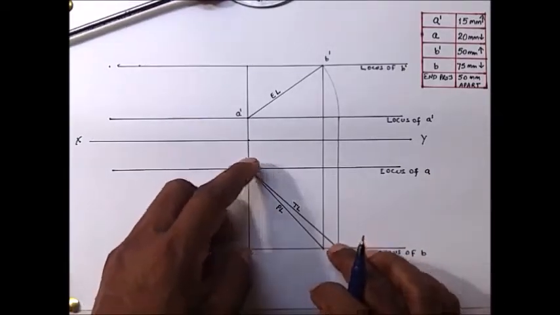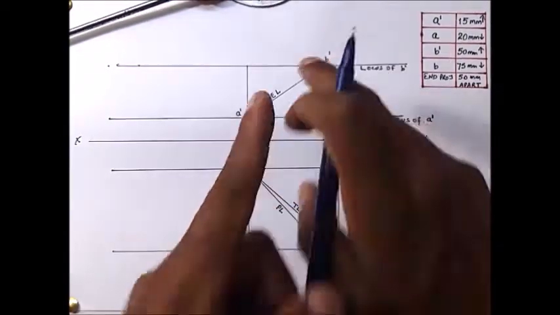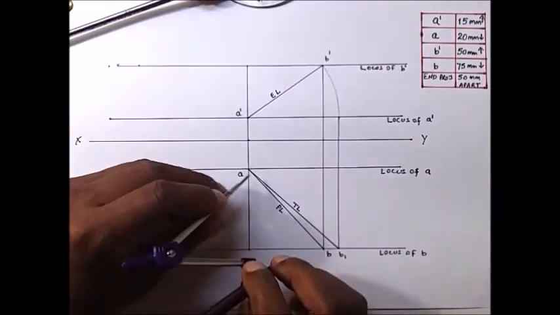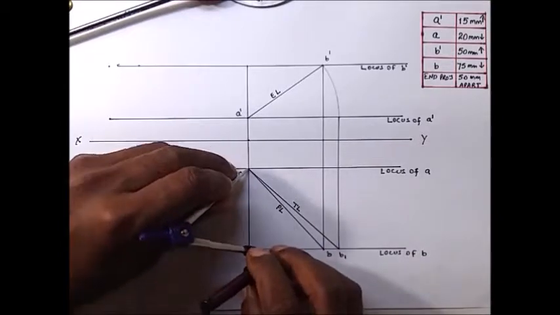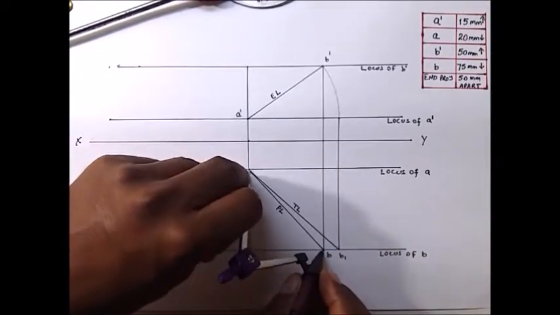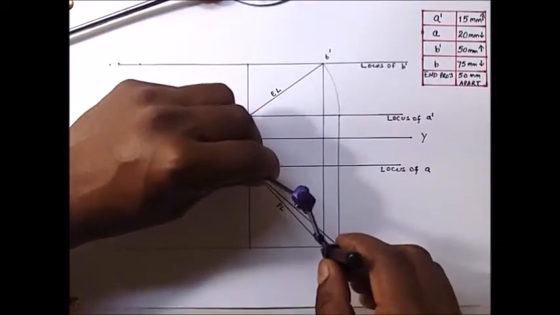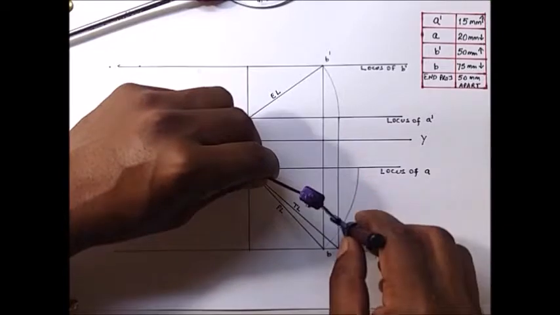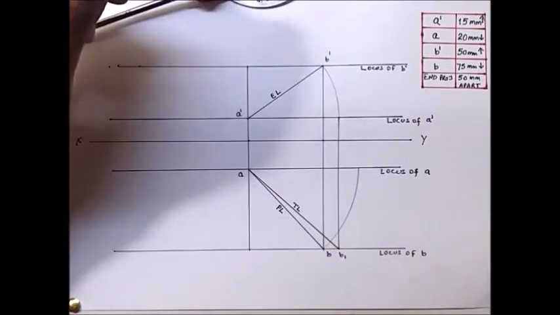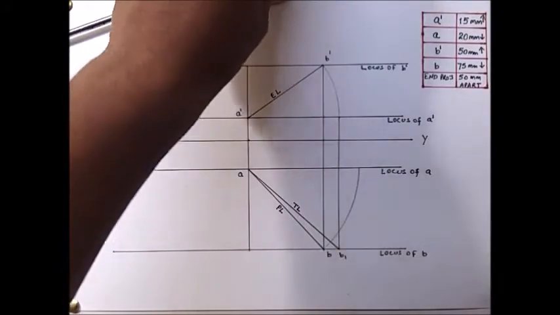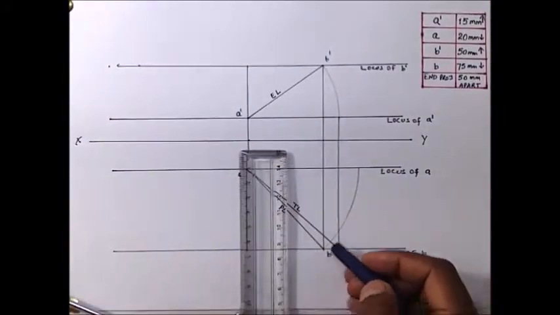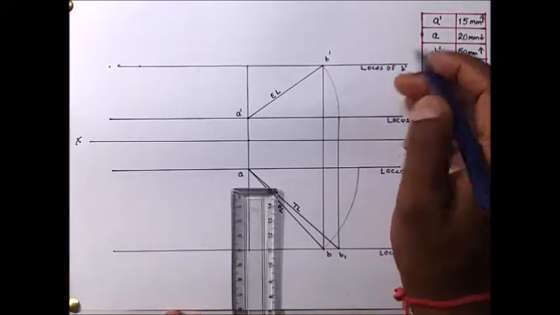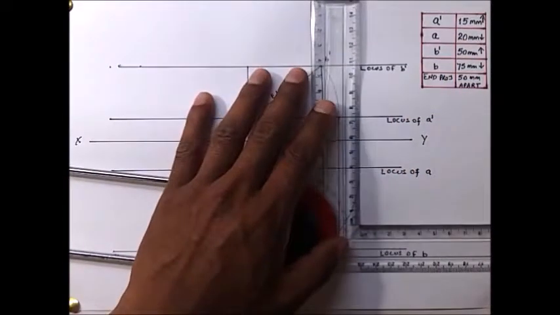Similarly, if you want true length in vertical plane, you can do vice versa. Put the needle on point A and your pencil on point B here, and rotate this point till the locus of A. The point at which the rotation cuts the locus of A, drop a perpendicular from this point to the locus of B dash in vertical plane.